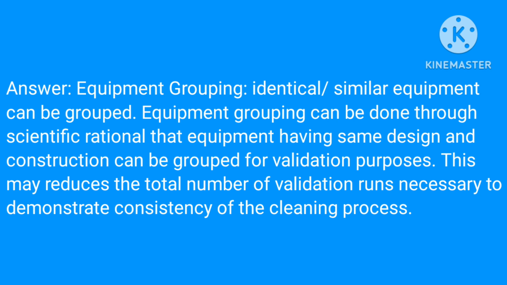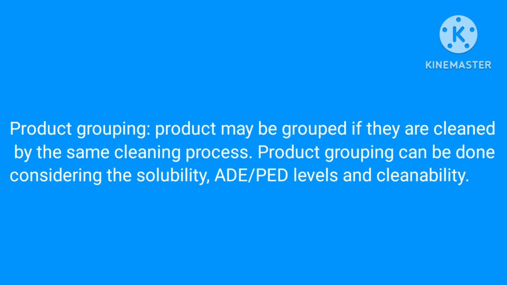This may reduce the total number of validation runs necessary to demonstrate consistency of the cleaning process. Products may be grouped if they are cleaned by the same cleaning process. Product grouping can be done considering solubility, ADE, APE level and cleanability.